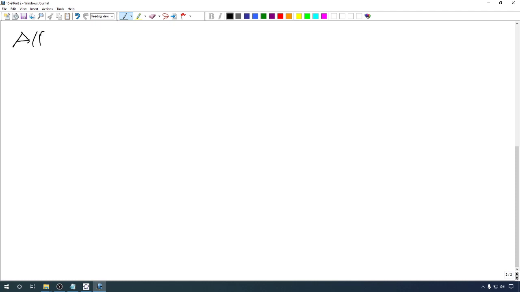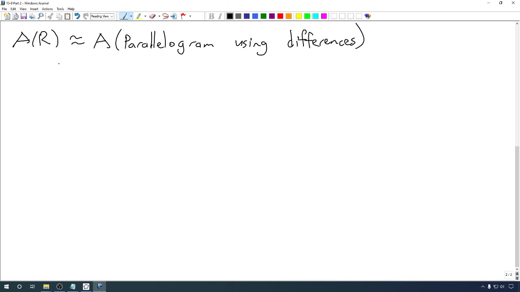So the area of R is approximately the area of the parallelogram, should say using the differences, which is then approximately equal to the area of the parallelogram using the derivatives.